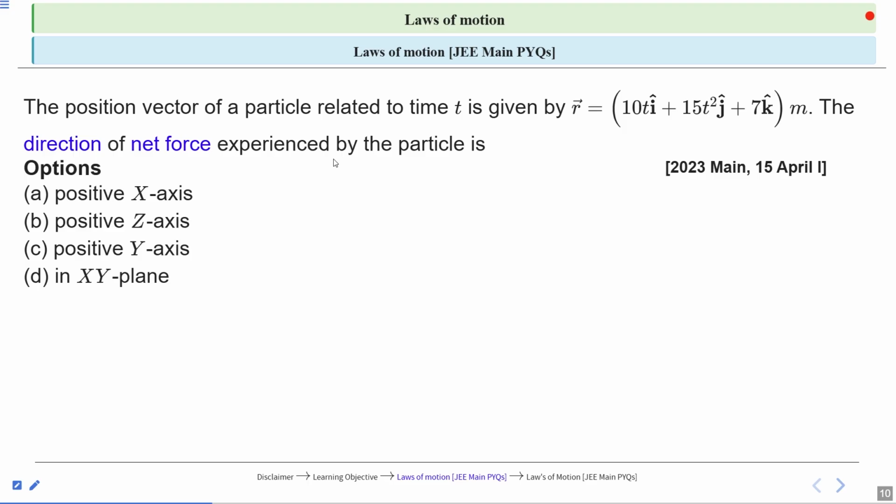The given options: option A is positive x-axis, option B positive z-axis, option C positive y-axis, option D in xy plane. This question comes in JEE Main 2020. So which option is correct? I hope this question is clear. Please solve this question. You have some time.